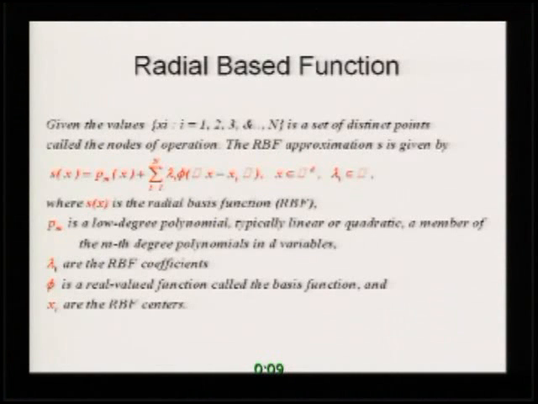This is the radial base function. This is a low degree polynomial. It can be any number of functions that you find. And this is the coefficient. This is the real value function, called the base function.